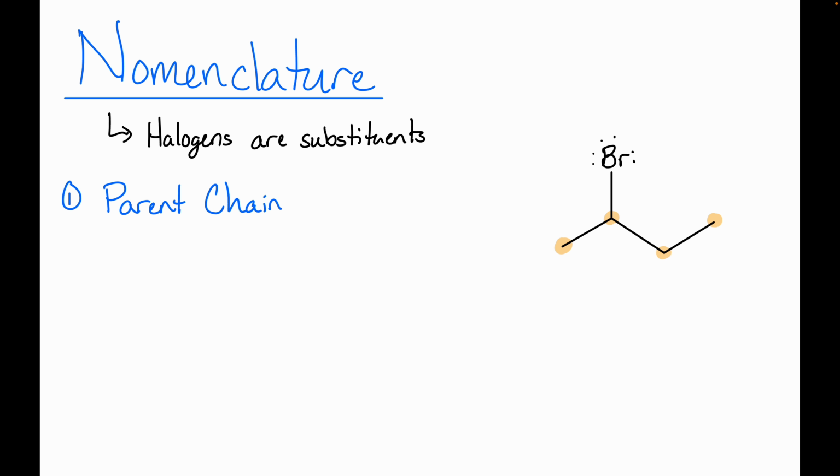So for an alkyl halide, we still use that -ane ending. So my parent chain here is a butane.